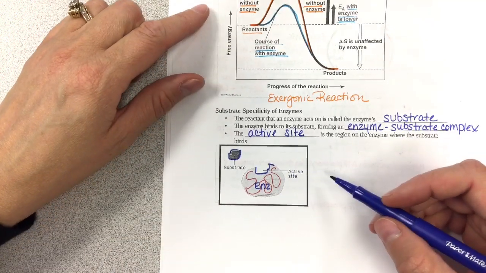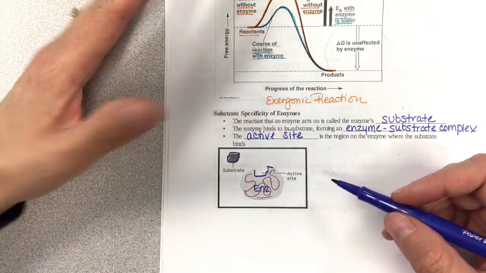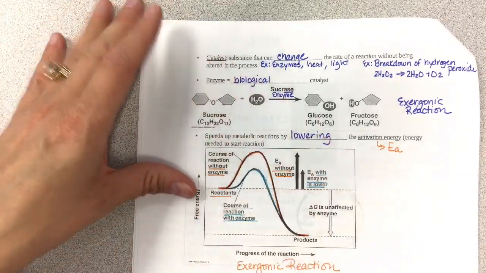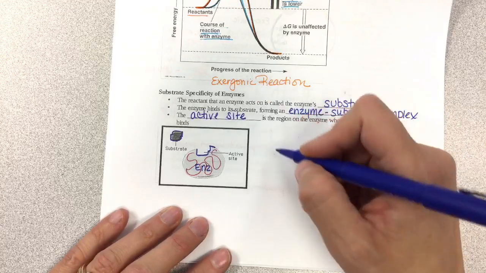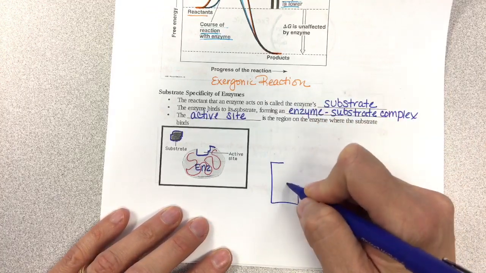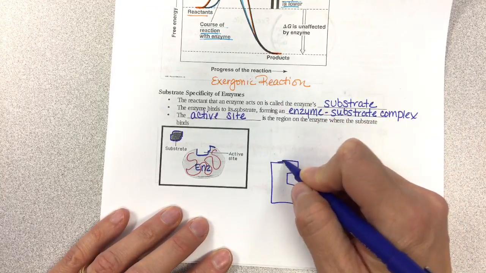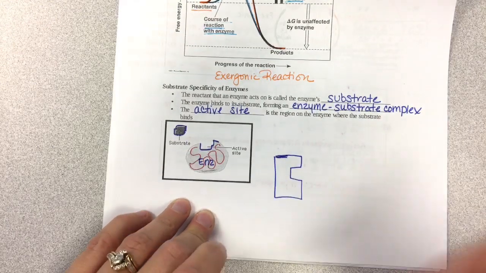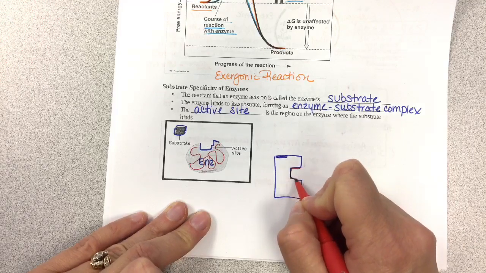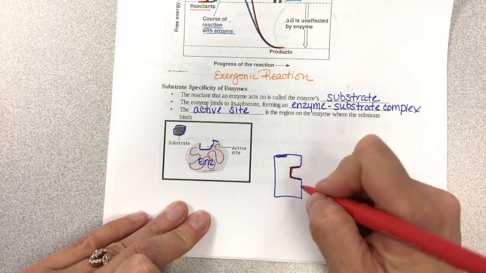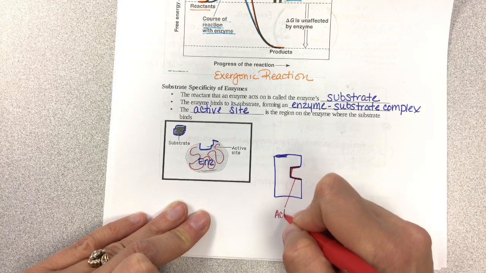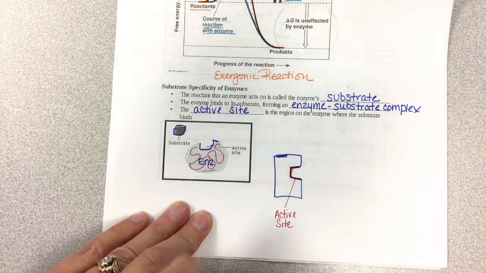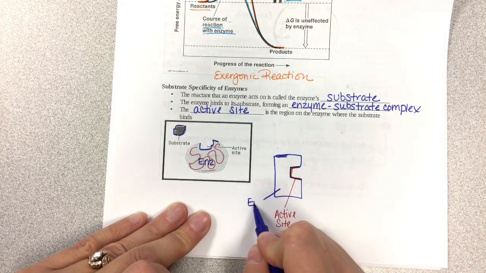Let me give a really simplistic example, using the above reaction with sucrose being broken down into glucose and fructose. So you have an enzyme. I'm just going to draw a molecule like this, and this right here is its active site. This is the enzyme.